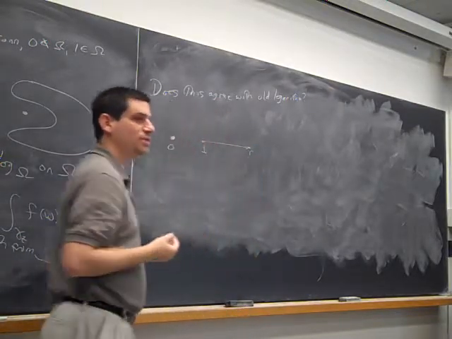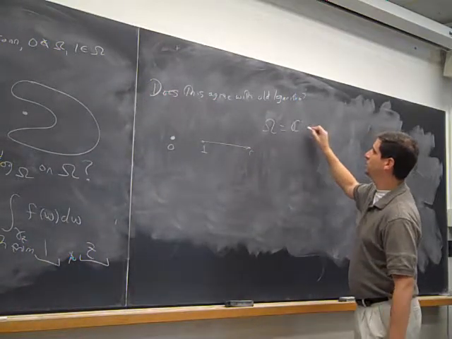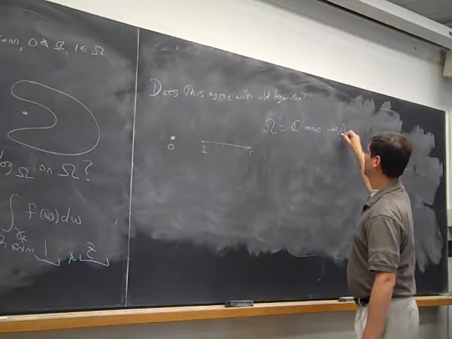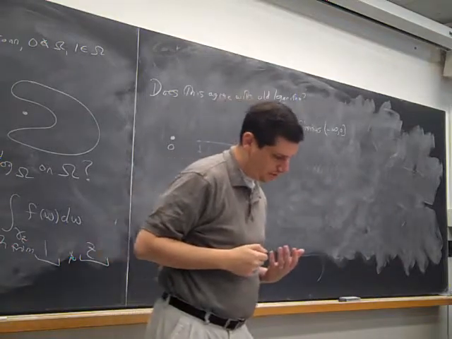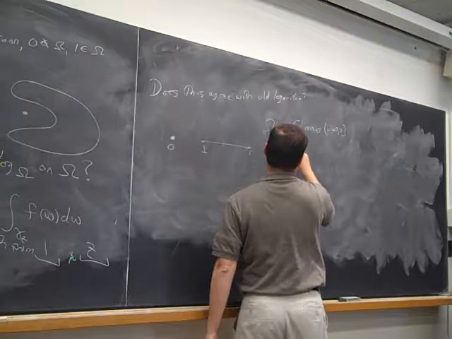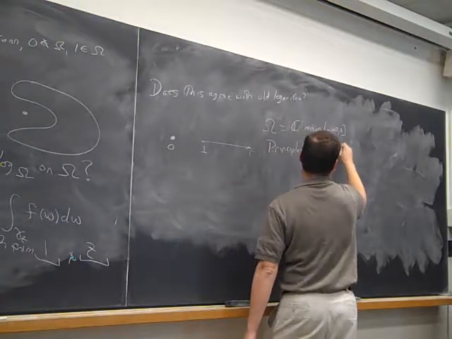I just said omega was an open set. Let's say omega equals the complex numbers minus the interval from minus infinity to 0. This is the typical, I think they call it, principal branch of the log.